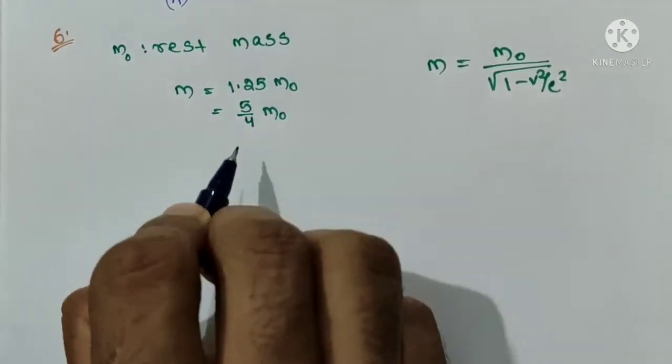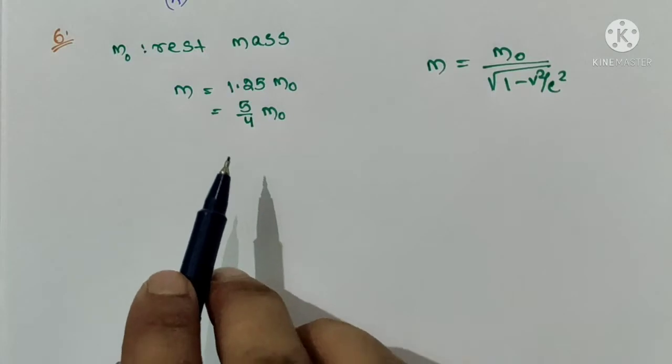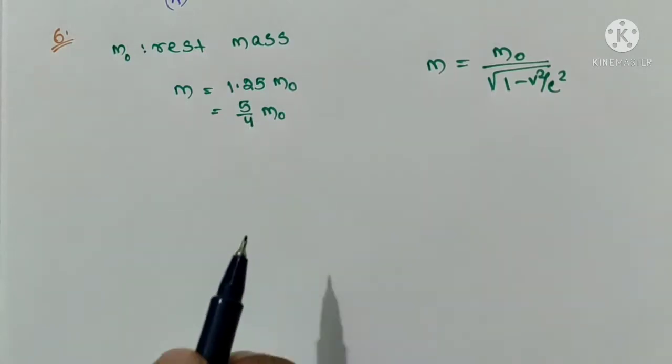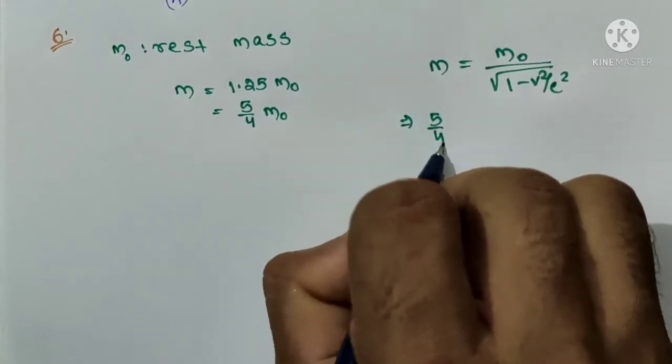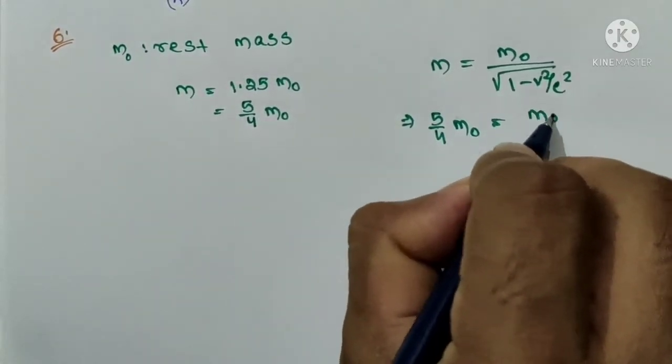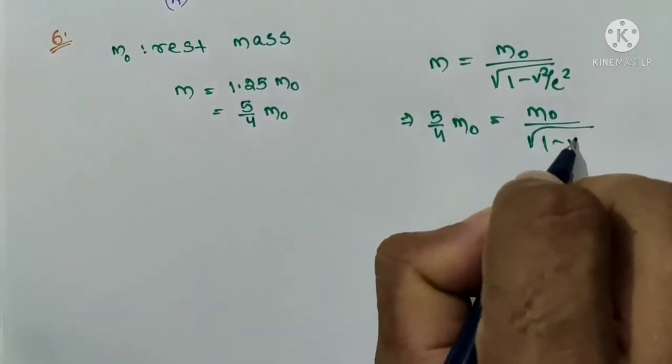देखो ये 5 by 4 लिखने का मतलब यही है कि हम कैलकुलेशन में थोड़ा इजी हो जाए. तो देखो बस ये पुट कर लो अभी, ये दिस इज 5 by 4 m naught by square root of 1 minus v square by c square.